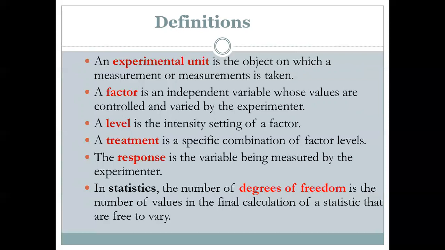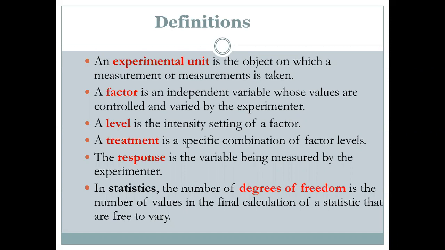And then a treatment. A treatment is a specific combination of a factor's levels. And then the response. The response is the variable that is being measured by the experimenter.